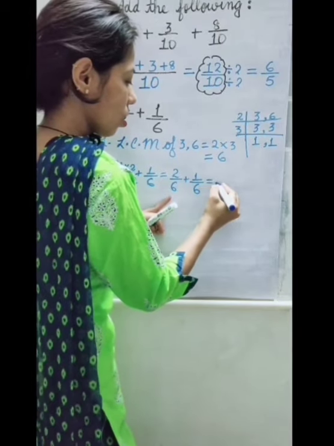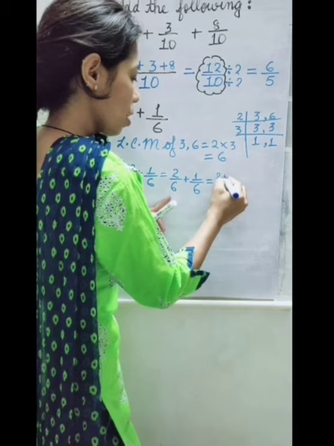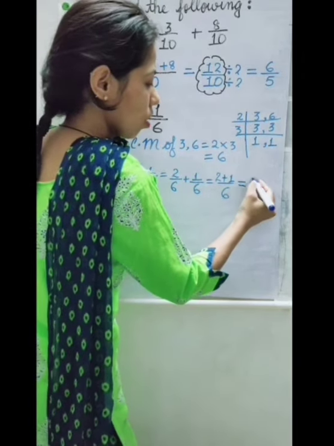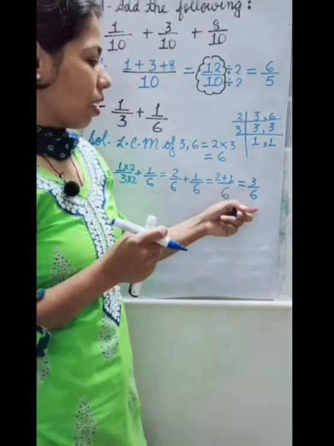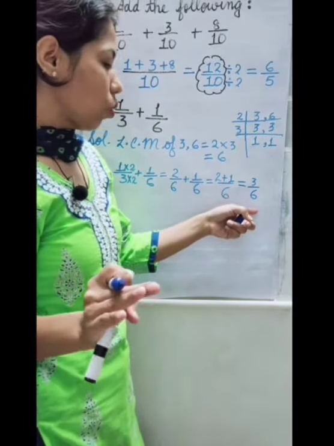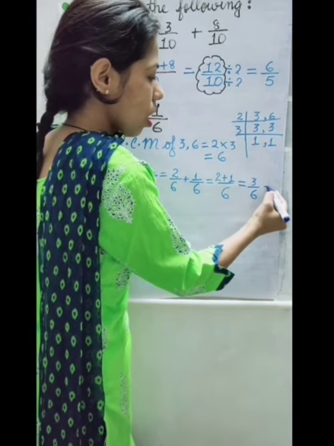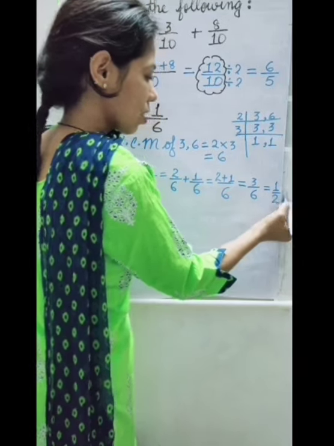Now as the denominator is the same, we will write it once, and 2 plus 1. So 2 plus 1 is equal to 3 by 6. Here again we can reduce it to the lowest term. If you want to reduce it, divide this 3 and 6 by 2. After dividing, we will get 3 1s are 3 and 3 2s are 6.